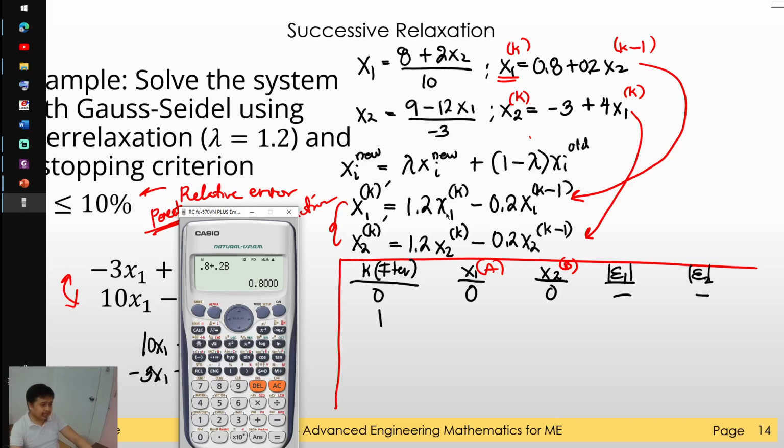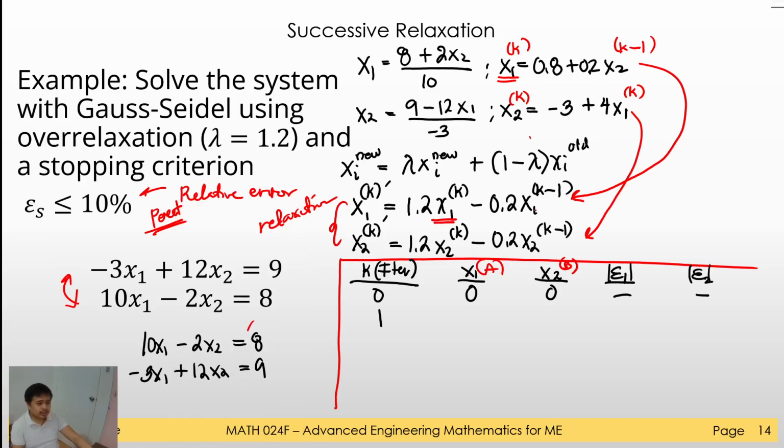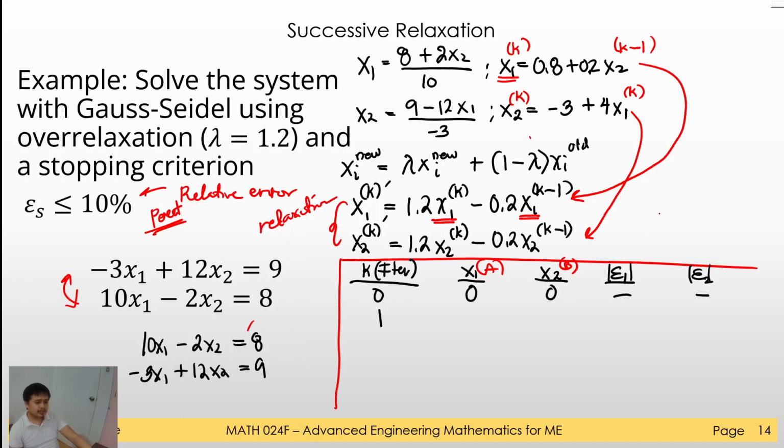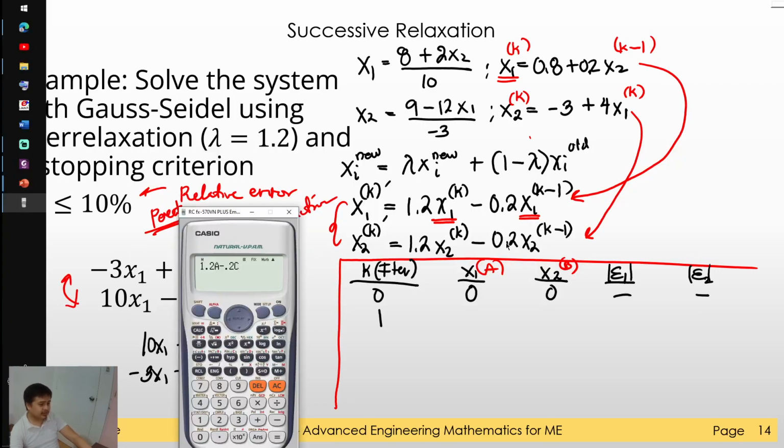So this 0.8 will now be substituted here, and then we will utilize the previous value of this. So we have 1.2, and then we have alpha A, okay, and then minus 0.2 times the previous one, no? So I'll just put here C for the previous value of x of 1. So calculate this.